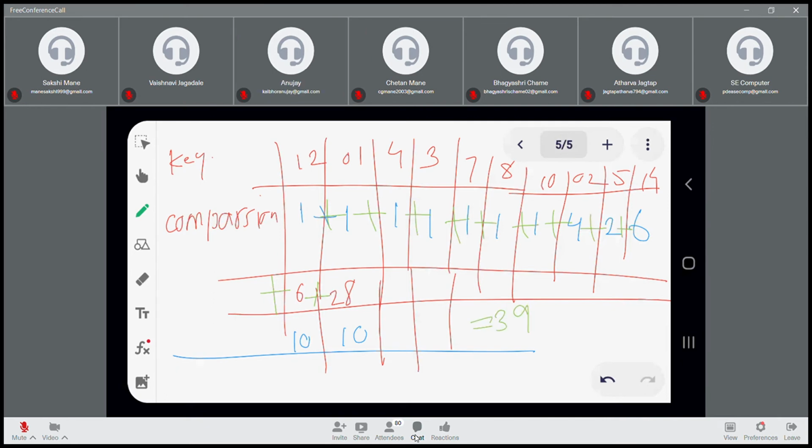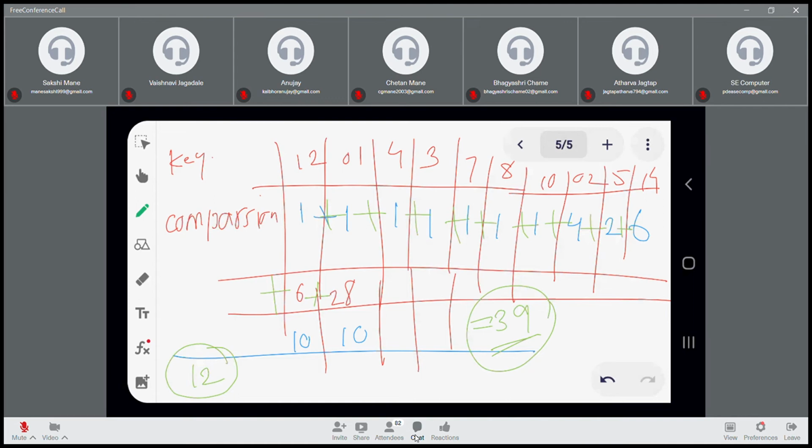39 means what? The total number of comparisons means that a total of 39 buckets get examined to place these numbers. So how many keys are there? Total keys are 12. So to place 12 keys in the hash table, the total number of comparisons required is 39.